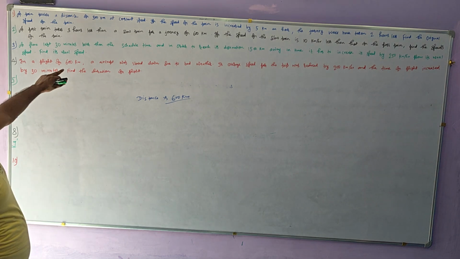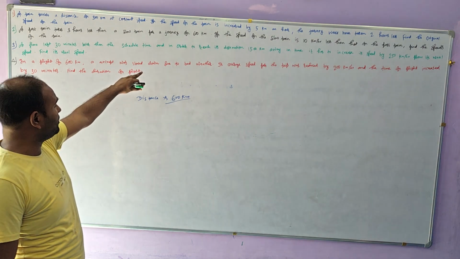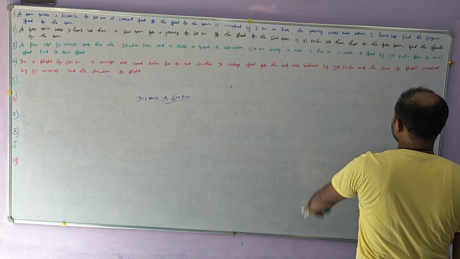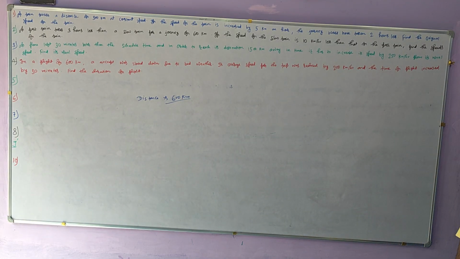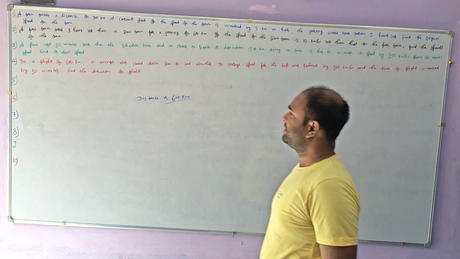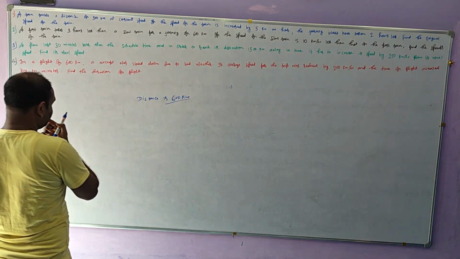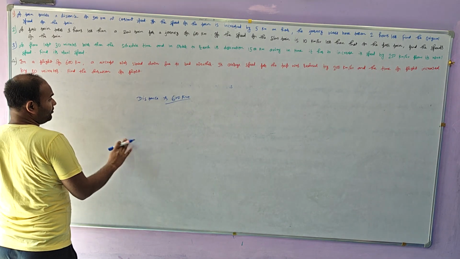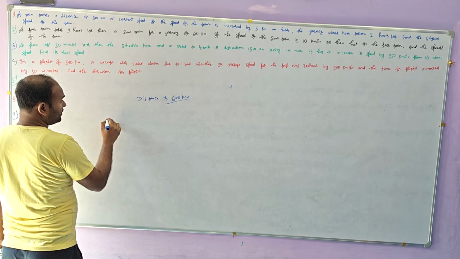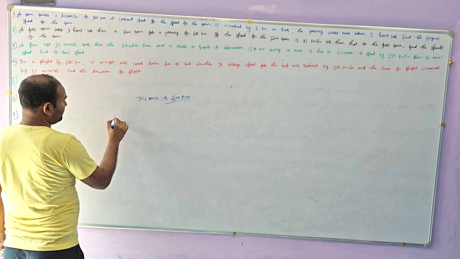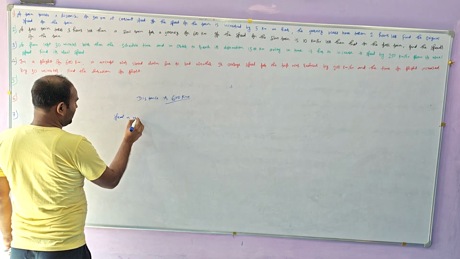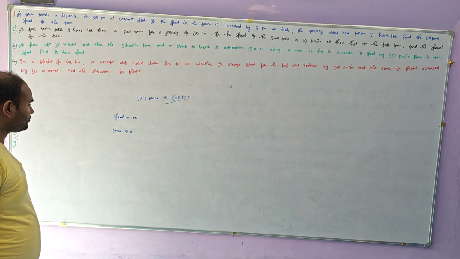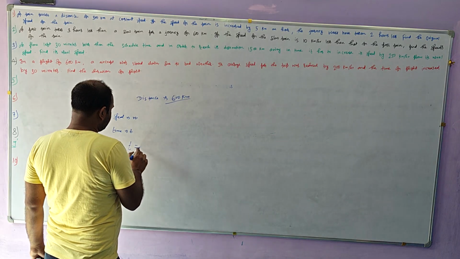In a flight of 600 kilometers, the aircraft slowed down due to bad weather, its average speed for the trip was reduced by 200 km per hour, and the time of flight increased by 30 minutes. Simply, when the speed is x and time is t, how much time does it take?